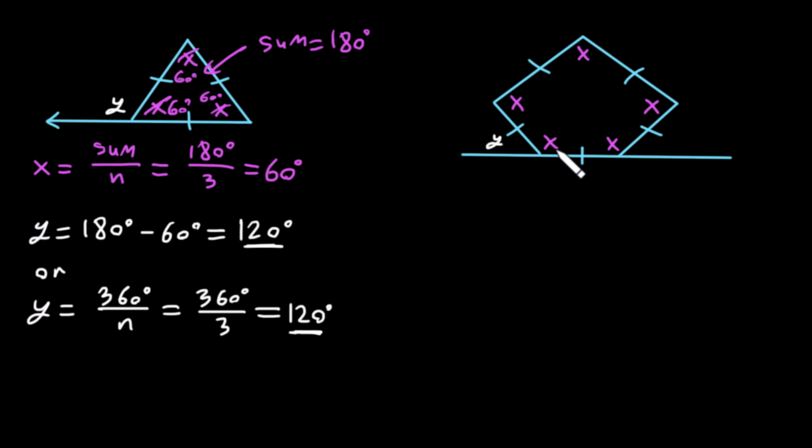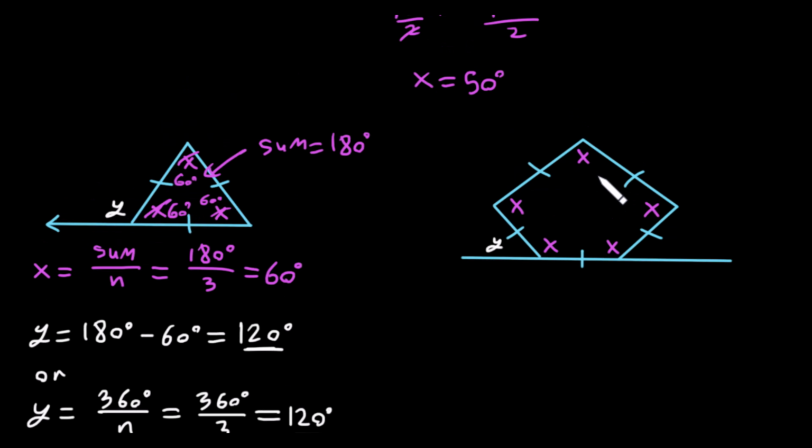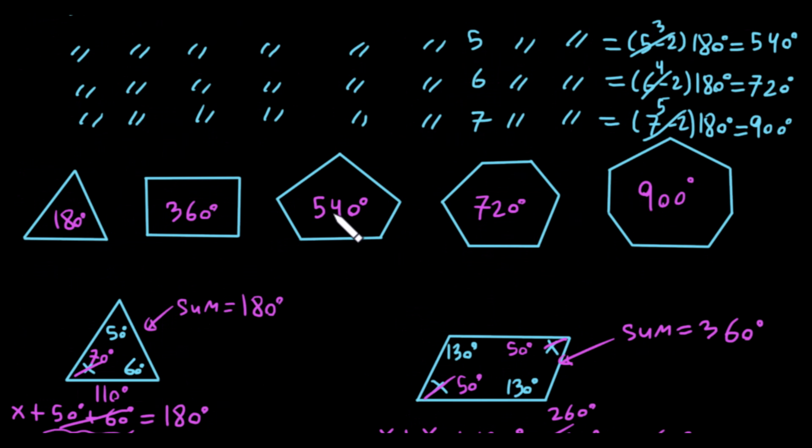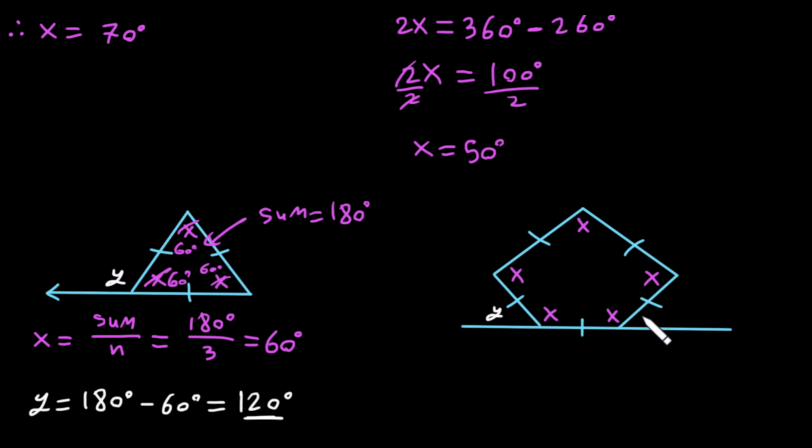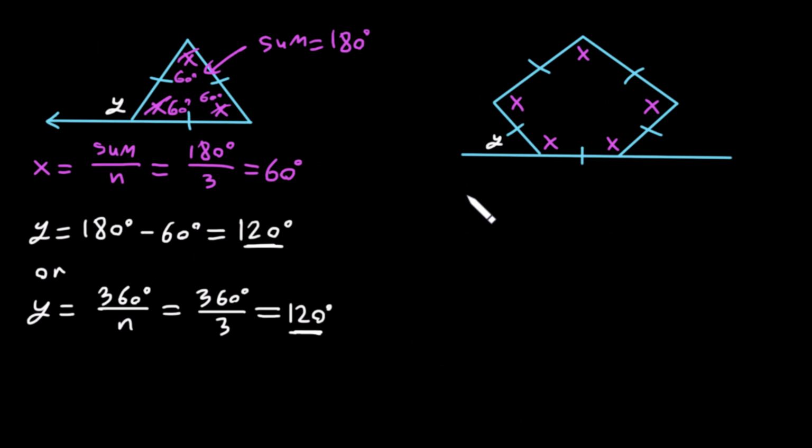To find this x, we know that the sum of interior angles of a pentagon is 540, or we can write the sum again here: the sum equals n minus 2 multiplied by 180 degrees. We know here n is 5 because it has 5 sides, 1, 2, 3, 4, 5. So 5 minus 2 is 3.